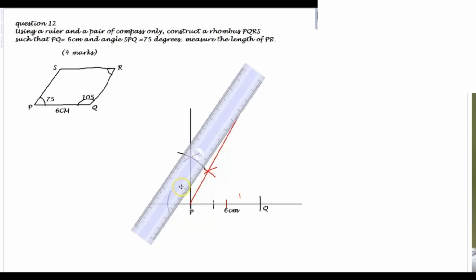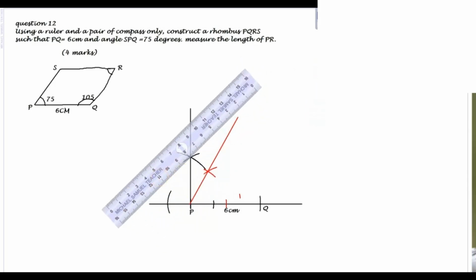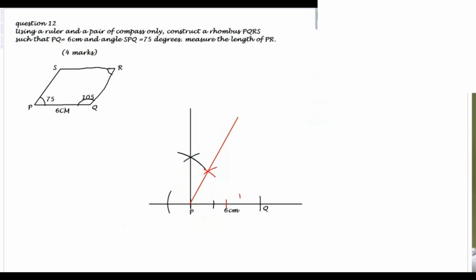Fine. Now, this angle is 60. Then the other one is 30. I need to bisect this angle again. I bisect that angle into 2 so that I have 15. I put a mark there, and also this one.